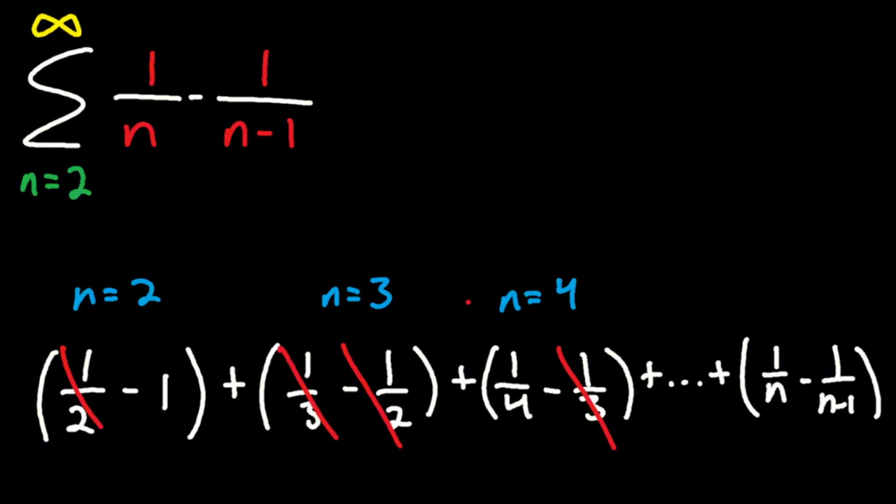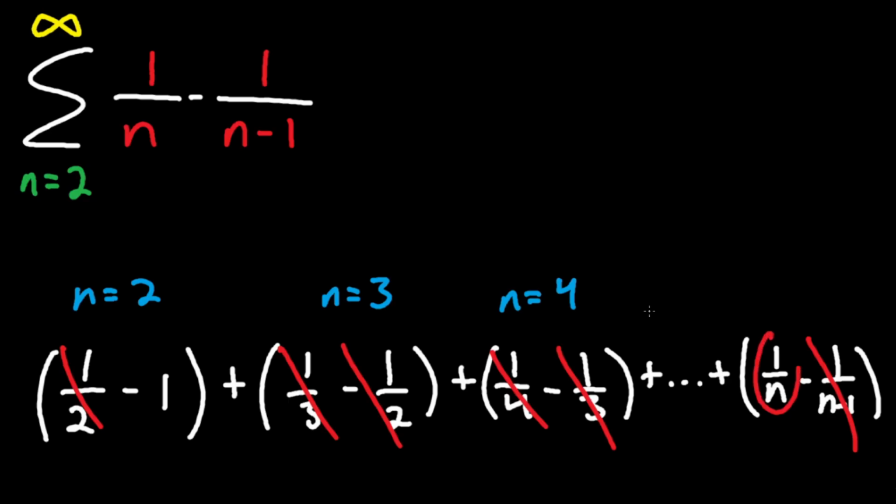So these cancel out. And if you keep going, this positive 1/4 will cancel out because there's going to be a negative 1/4 in the next term of the sum. And if you keep going on and on, you realize that every term on the right cancels out first. So this is a key distinction between other telescoping series you might see.